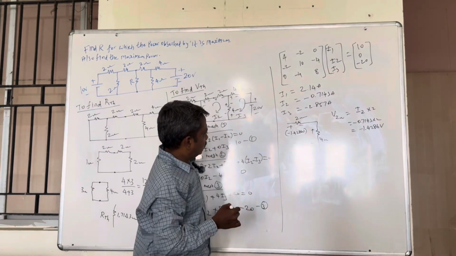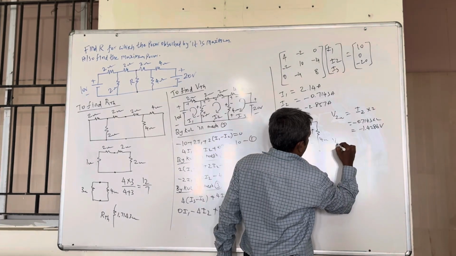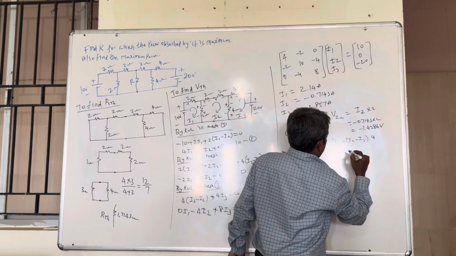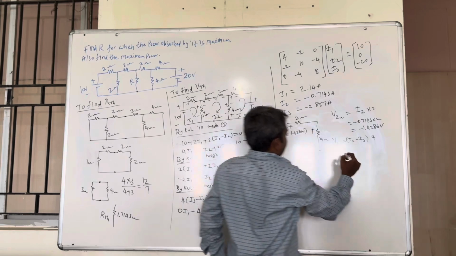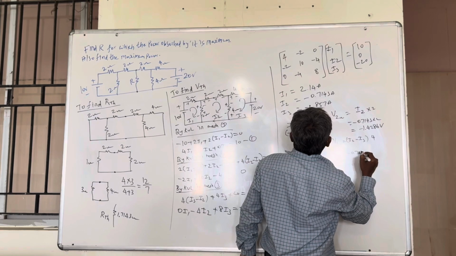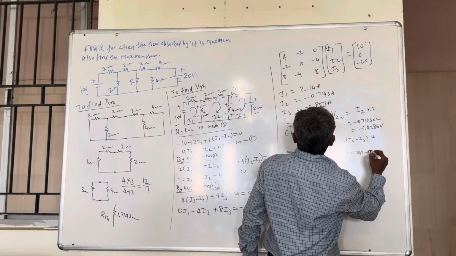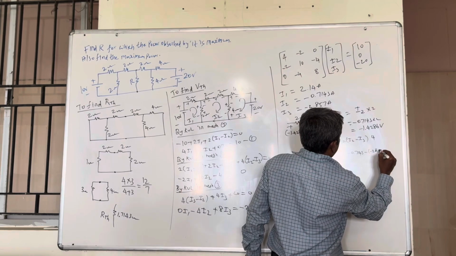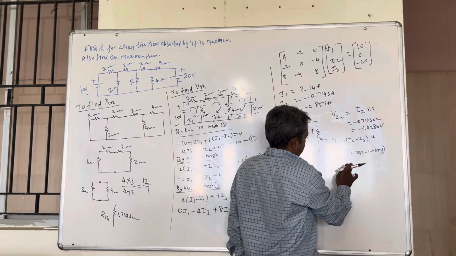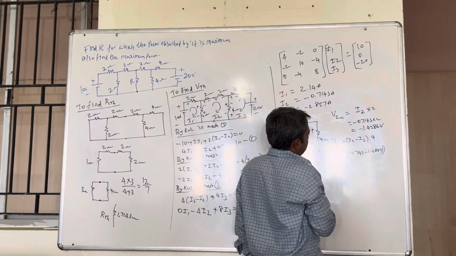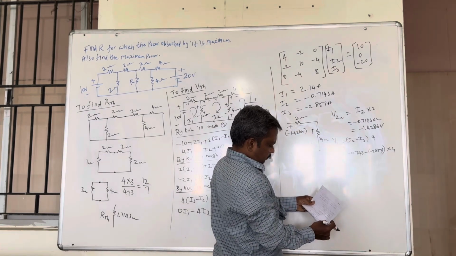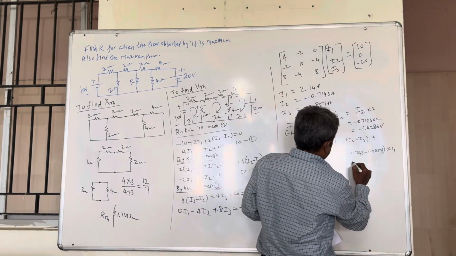And coming to 4 ohm, V4 ohm equal to (I2 minus I3) into 4, minus 0.7143 minus of minus 2.857, into 4. If you calculate this, you will get 8.5708.